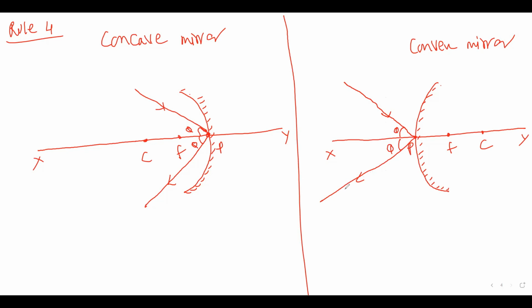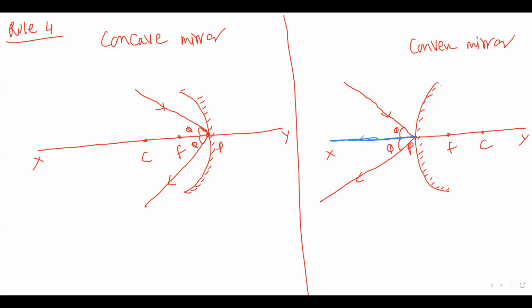Got it? Yes. Understood? Now here I want to tell one important thing. If the ray is passing along the principal axis and falling on the pole, then it has to go back making the same angle with the principal axis.